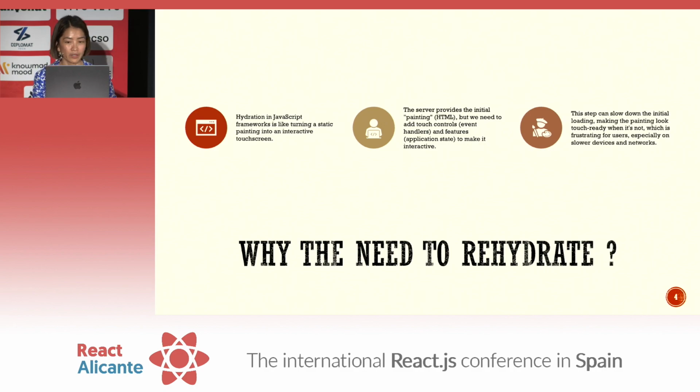To explain this further, hydration in a JavaScript framework is like turning a static painting into an interactive touchscreen. The server provides an initial painting, or the HTML, and we need the touch controls, which are the event handlers or event listeners, and of course the features, which is the application state.